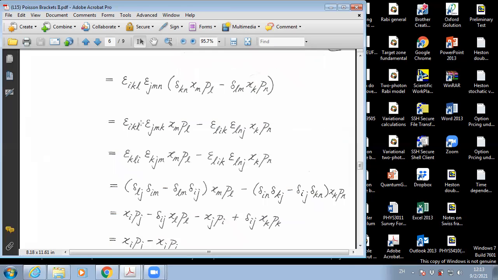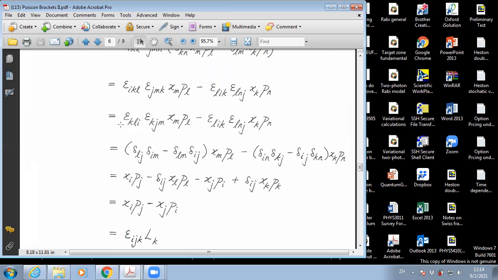How? We rewrite the totally anti-symmetric symbols like this. Epsilon kli: as long as we have a cyclic permutation of the 3 indices, the value of this totally anti-symmetric symbol remains unchanged. So the second totally anti-symmetric symbol is written as epsilon kjm. We repeat the same thing for the second product of totally anti-symmetric symbols.